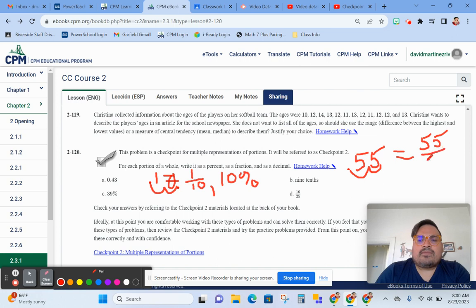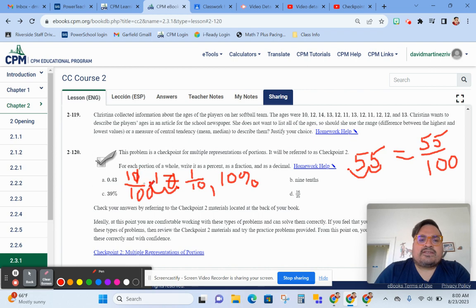Even the one before, the 0.1 was actually 10 over 100, because that's 1/10. And then you have to reduce. So the 55 over 100 and the 10 over 100, we need to reduce.